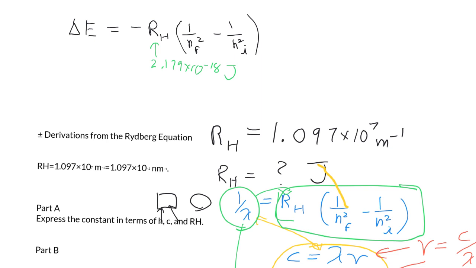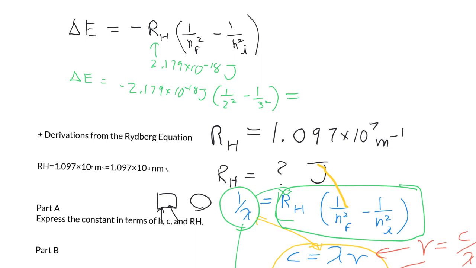So now it's just a matter of plug and chug with a cutesy finishing step to follow. We've got delta E equals negative 2.179 times 10 to the negative 18 joules times, it's going from 3 to 2, so 1 over 2 squared minus 1 over 3 squared.